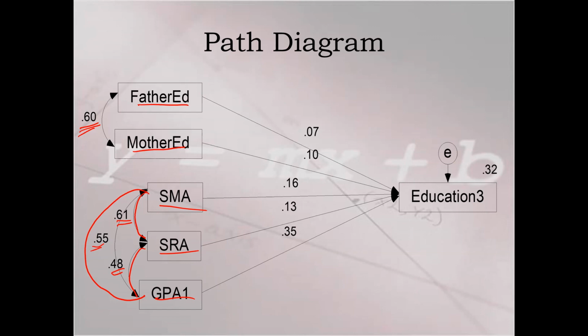If my model doesn't specify those covariances, then I might be fitting a worse model. The model might fit worse because these are associated with each other, but you forced it to be 0, and now my reproduced correlation matrix is worse because of it.